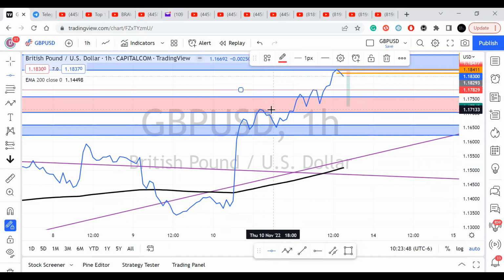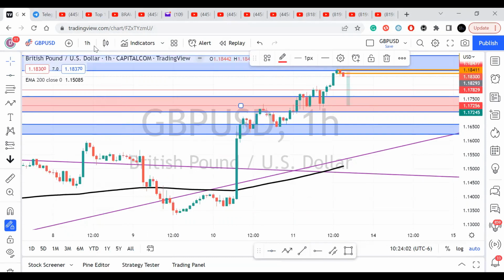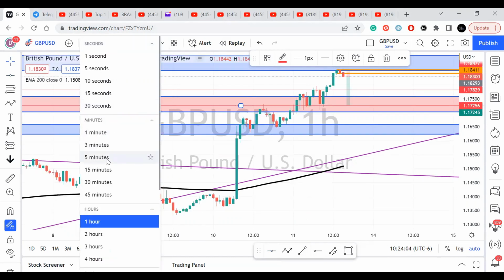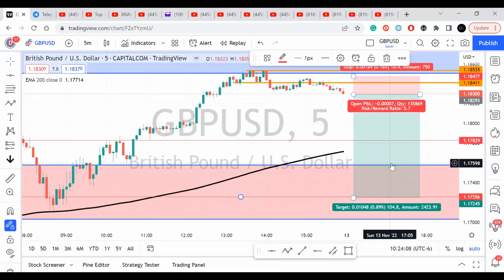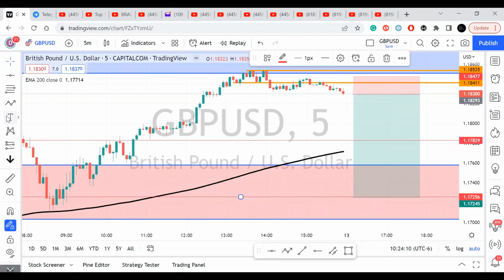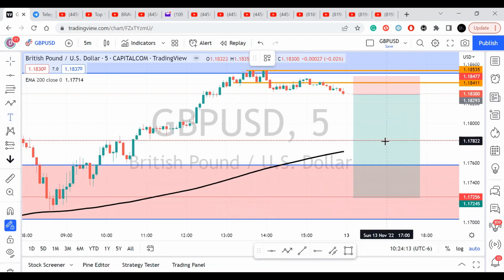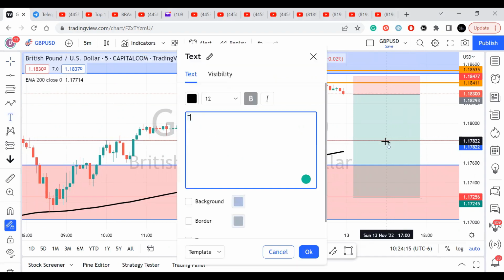So the next TP will be somewhere around this top, but I want to push it up to this area. That will leave us here as our TP2. So we have TP1, TP2.